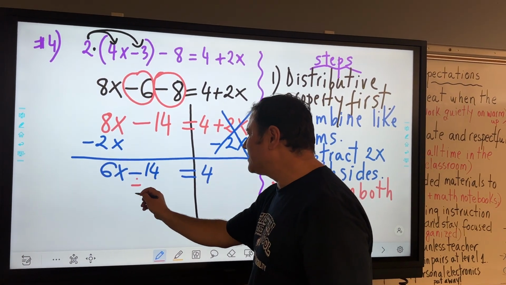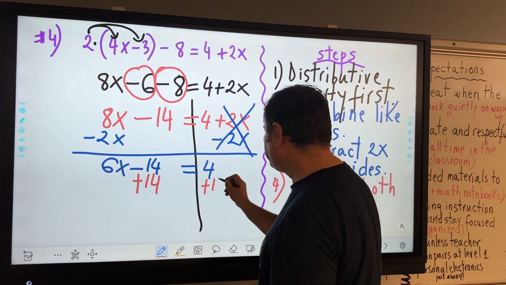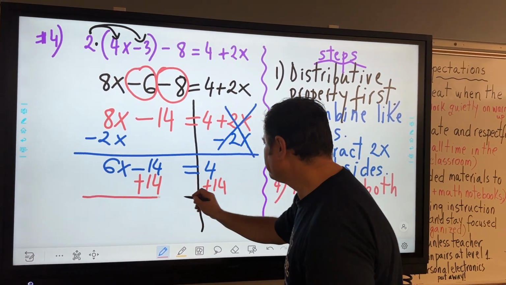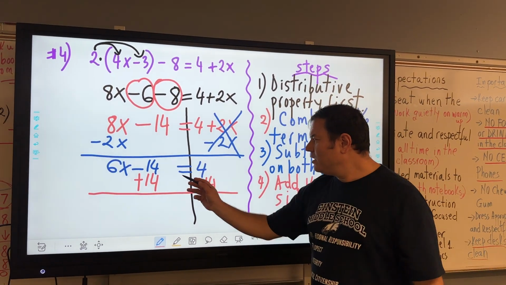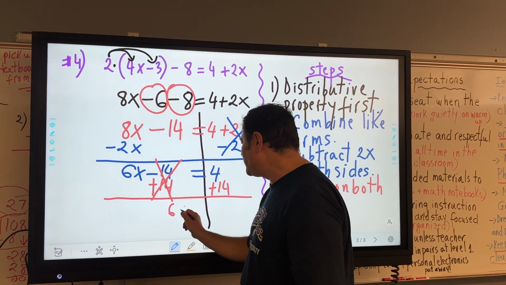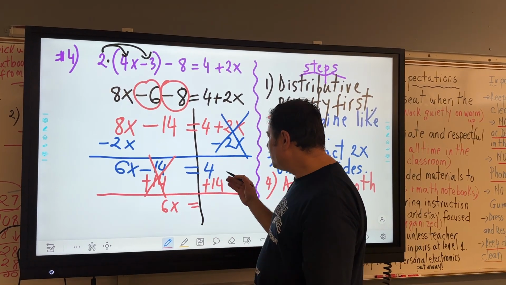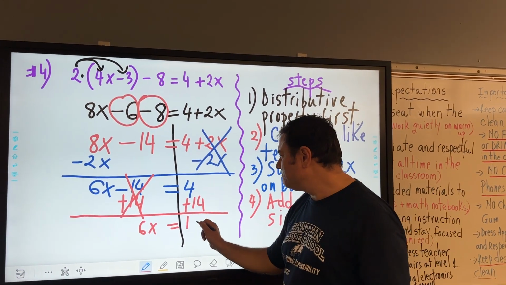Whatever we do to one side, we got to do to the other side. And let's see what's going to happen. Negative 14 and positive 14 cancel each other out. So we get 6x equals 14 plus 4 becomes 18.